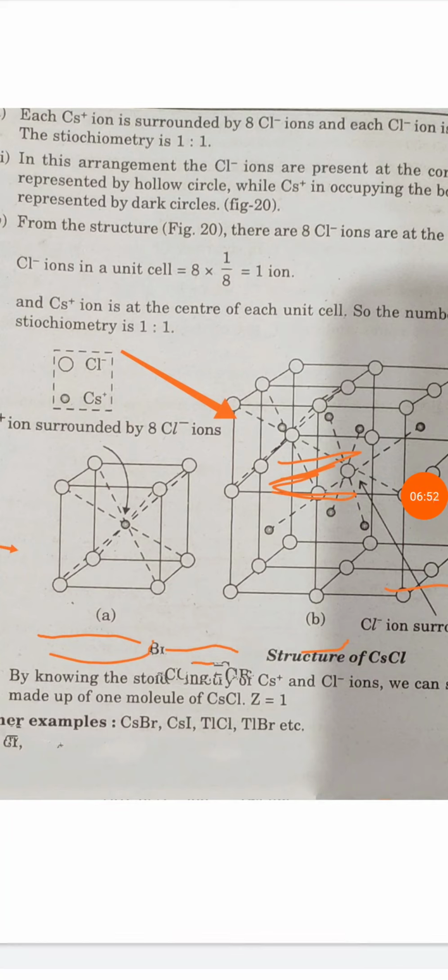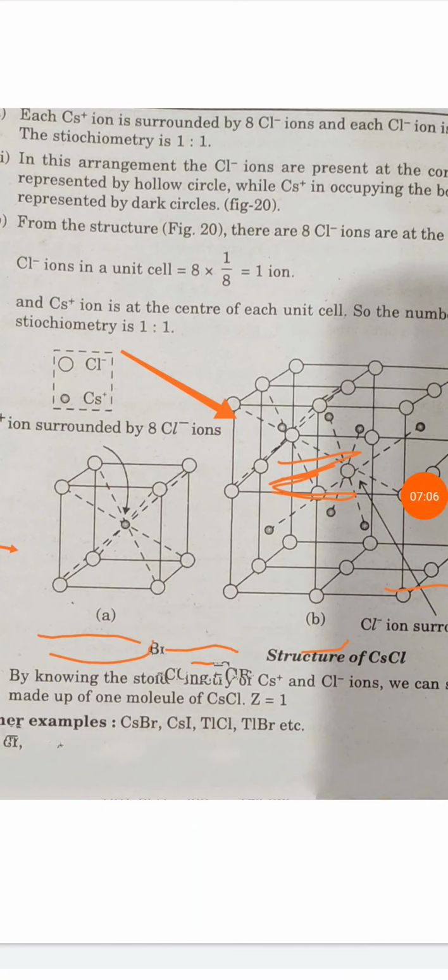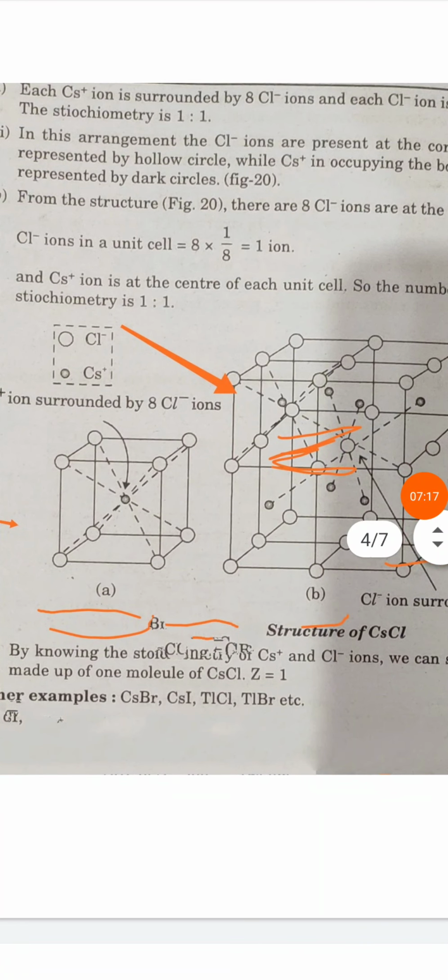In this arrangement, the chloride ions are present at the corners of the cube and represented by hollow circles, while the cesium ion occupies the body center of the cube and is represented by a dark circle.